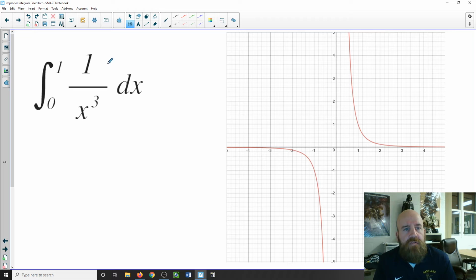This is a similar case, but a little bit different. We have from 0 to 1 of 1 over x cubed. If we graphed 1 over x cubed, here's the graph. We're going from 0 to 1, trying to find this area under the curve. The problem is one of our boundaries is an asymptote.